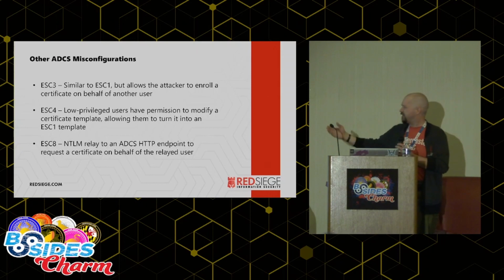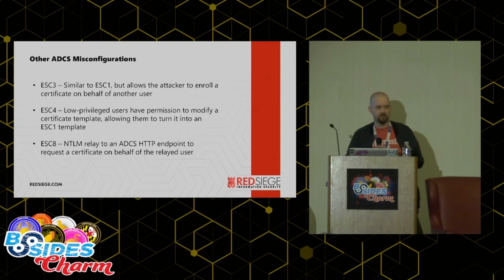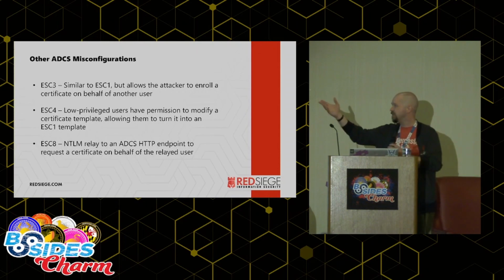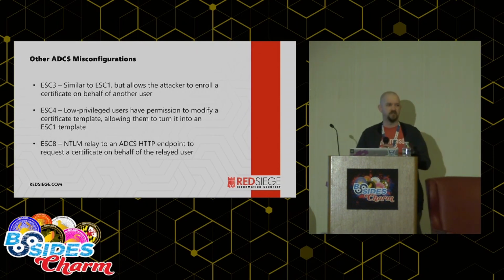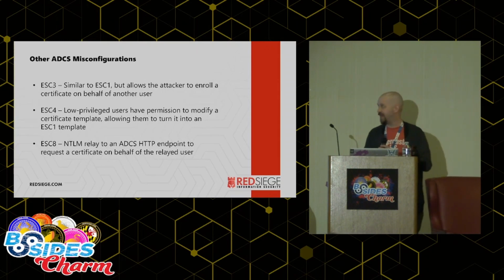So there's, I think, a total of like 9 or 10 ESCs, the various attack vectors for this right now. Some of the other key ones, you've got ESC3, but instead of requesting a certificate with an alternate name, you're specifically enrolling on behalf of another user.